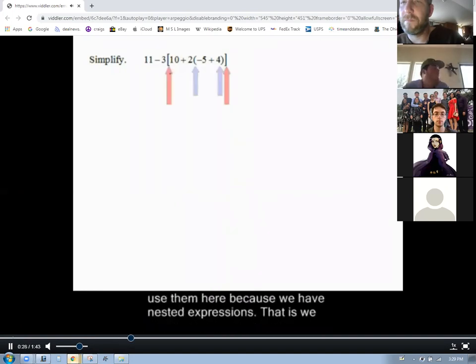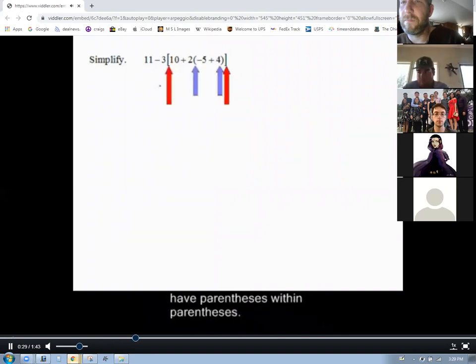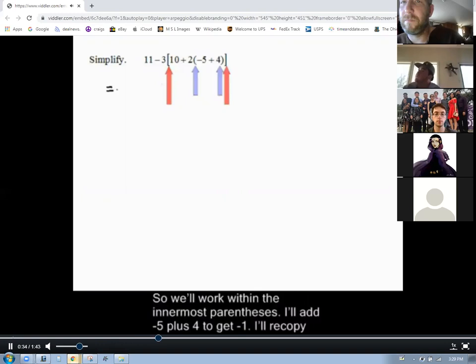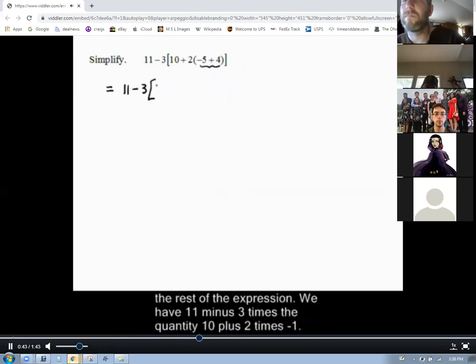That is, we have parentheses within parentheses. So we'll work with the innermost parentheses first. I'll add negative 5 plus 4 to get negative 1. I'll recopy the rest of the expression. We have 11 minus 3 times the quantity, 10 plus 2 times negative 1.